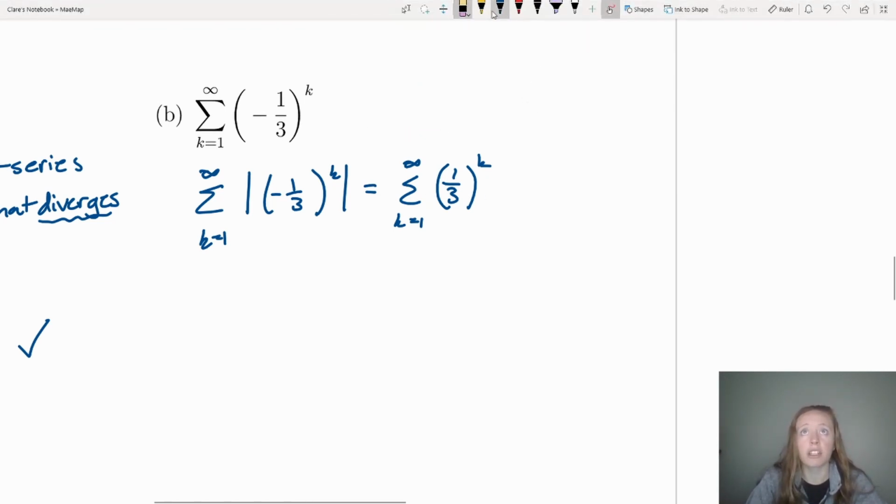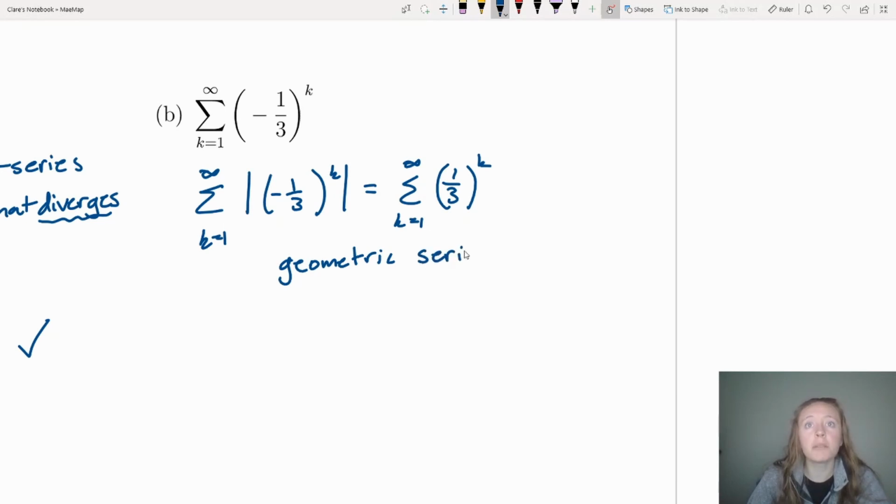So now that we have our series, you should recognize this form of a series. So let's get good at recognizing this. It's not a p-series, but it is a geometric series. And what's special about geometric series? Well, geometric series, we know whether they converge or diverge based on their r value.